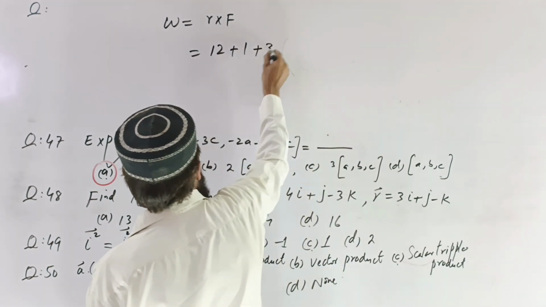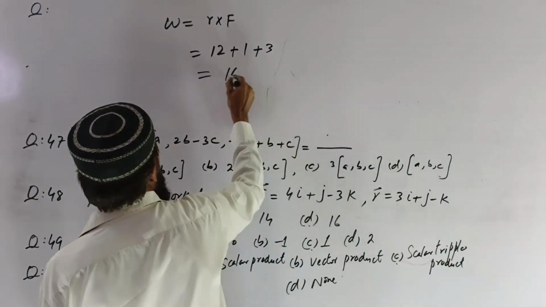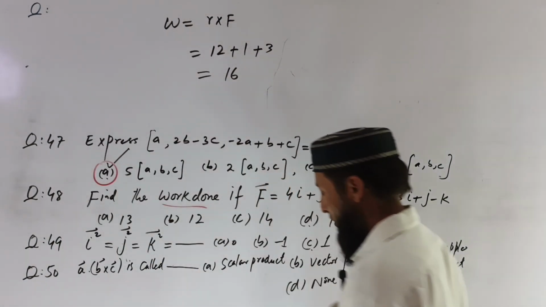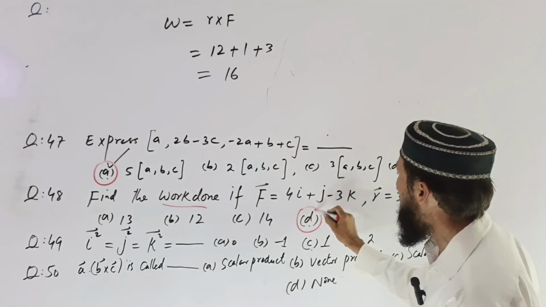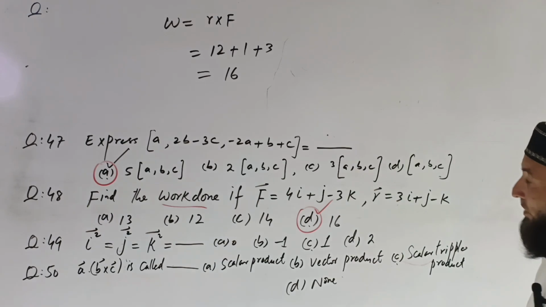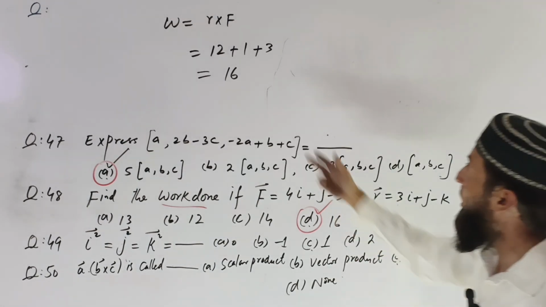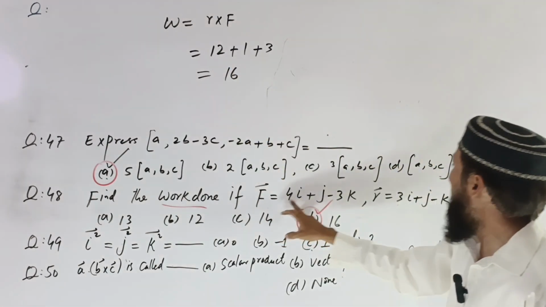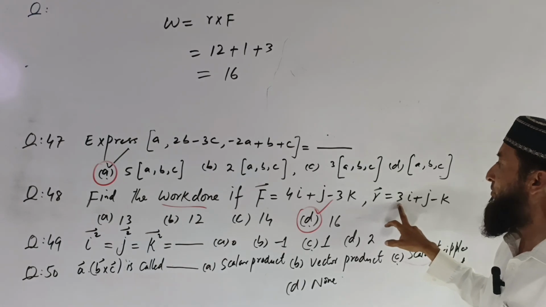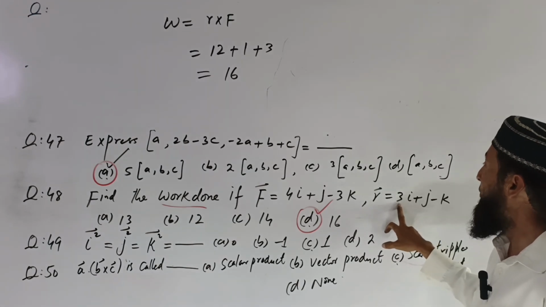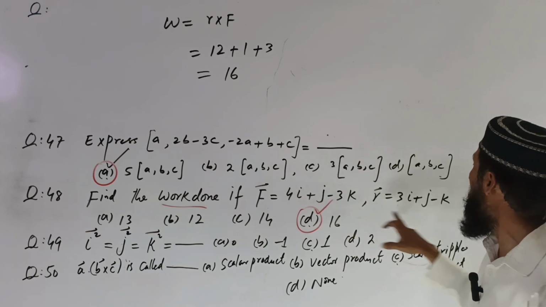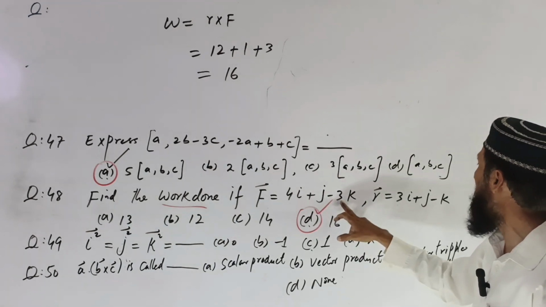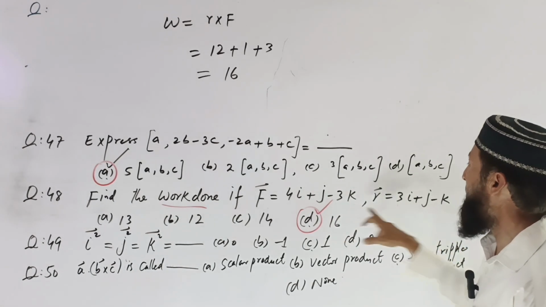If we add these, we get 16. So 16 is the correct answer. C is the correct answer. How do we calculate this? 4 multiplied by 3 we get 12, and 1 multiplied by 1 we get 1, and minus 3 times minus 1 gives plus 3.